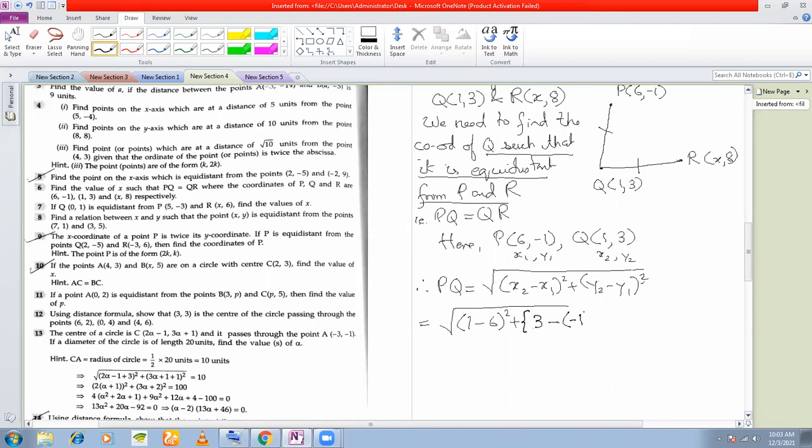So you have 3 minus of minus 1, squared. Be very careful with the signs. This is equal to the square root of (1 minus 6), which is minus 5, squared, plus 3 minus of minus 1, which means 3 plus 1, so this becomes 4 squared. So this becomes the square root of 25 plus 16, which is the square root of 41.